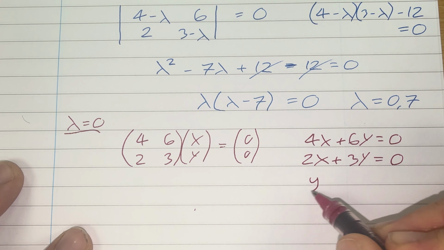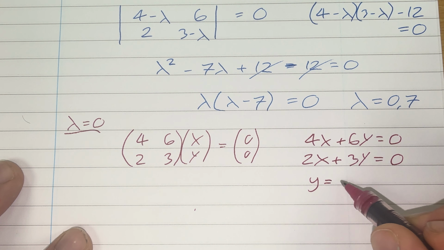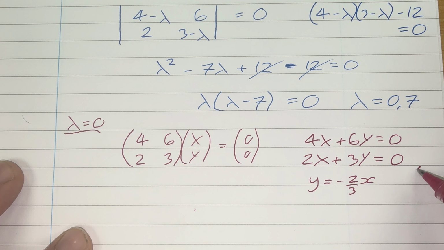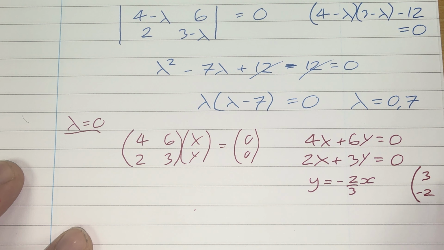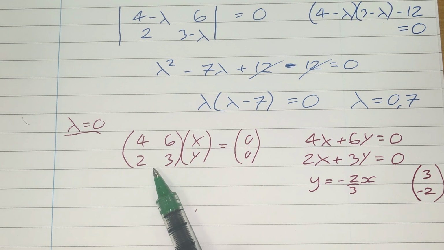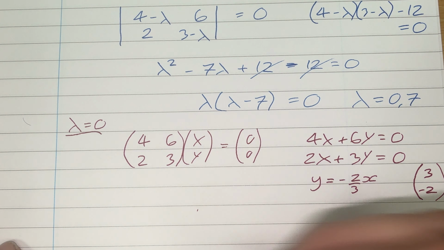So we're going to end up with y equals minus 2/3 x. Then any two numbers which satisfy that equation will give you an eigenvector. So I'm going to choose x is 3 and y is minus 2, but any non-zero multiple of that will be an eigenvector of this matrix with eigenvalue 0.